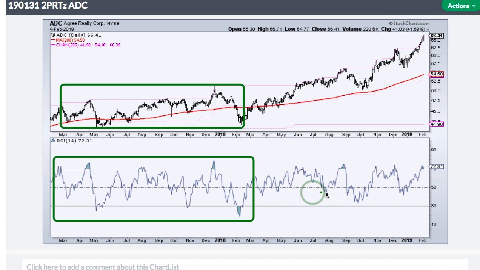But then the range shifted to the upside because you kept getting above 70 in RSI, but you can see that the dips did not go below 30. You had one dip to the low 30s, but most of these dips found or reversed around 40. And so that was the bullish range for RSI. And you can see that the uptrend here is clear in this stock.